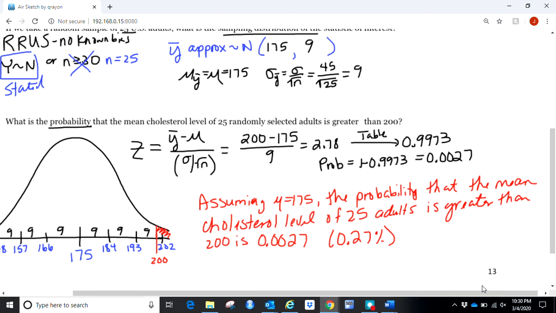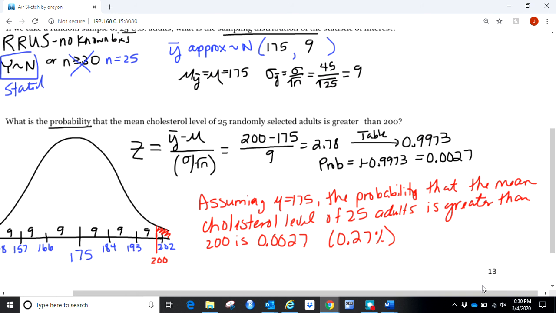Now, things to think about. Does it make sense why this probability was so much smaller than above? The probability of finding a single person who has a cholesterol level greater than 200 is much easier to find than having an average of 25 people being at least 200.